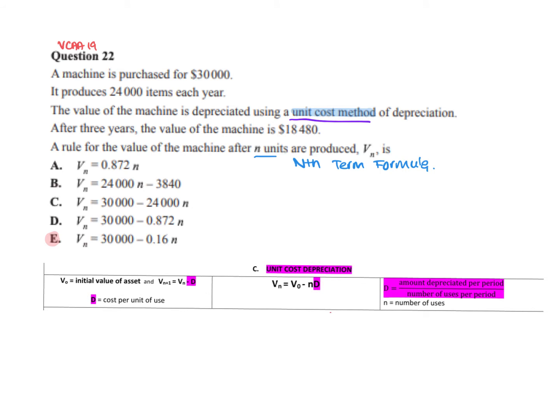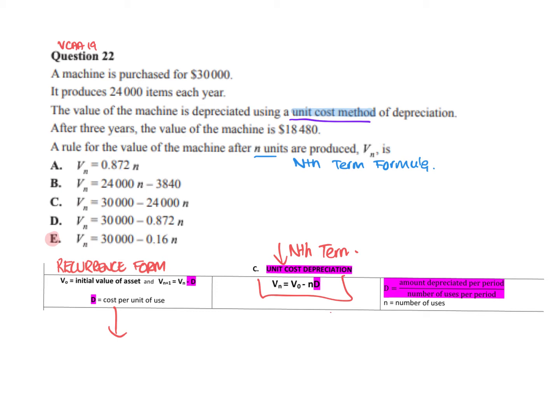Now, on this formula sheet, this column is the recurrence formula column. So all the recurrence formulas go down here. And in this column is the nth term formula. So you can see here, this is how I find the nth term. So I'm going to go fill this in.